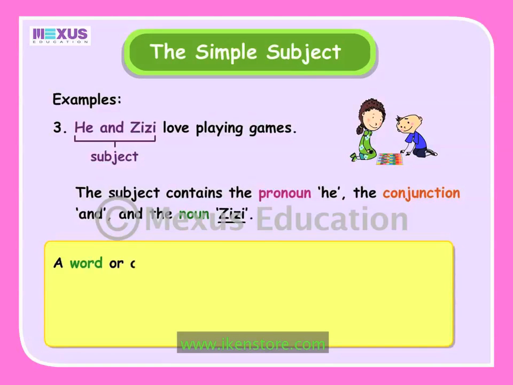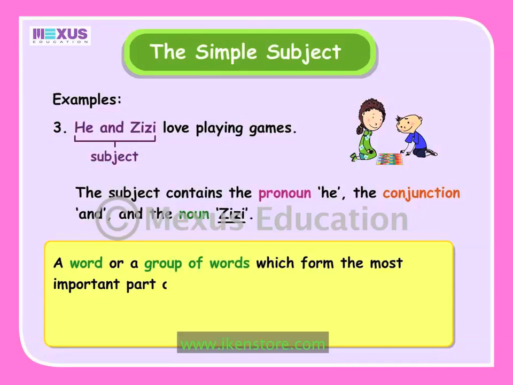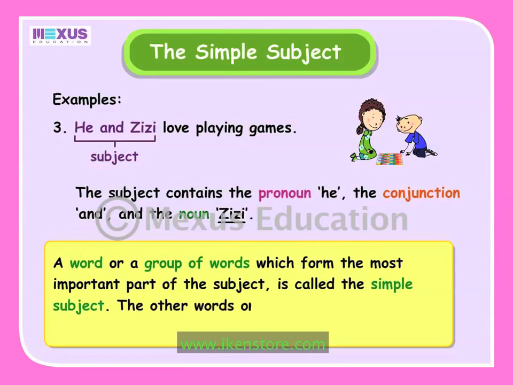Such a word or group of words which form the most important part of the subject is called the simple subject. The other words only tell us more about the simple subject. Going ahead, we will refer to the simple subject as the subject.